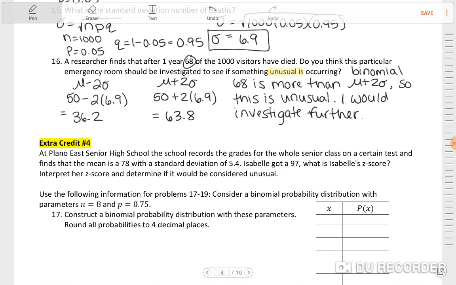Also, another little hint is that when you're talking about z-scores, you're talking about your standard normal. For z's, that means the mean is 0 and the standard deviation is 1. So more than 2 standard deviations away would be higher than 2 or lower than -2. So just keep that in mind.